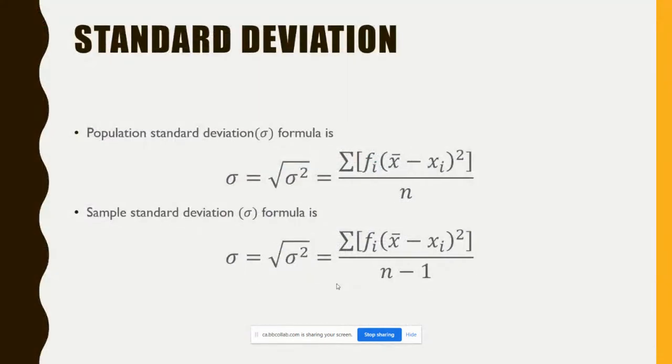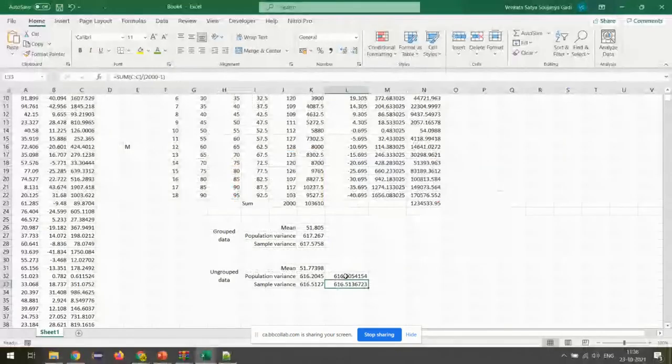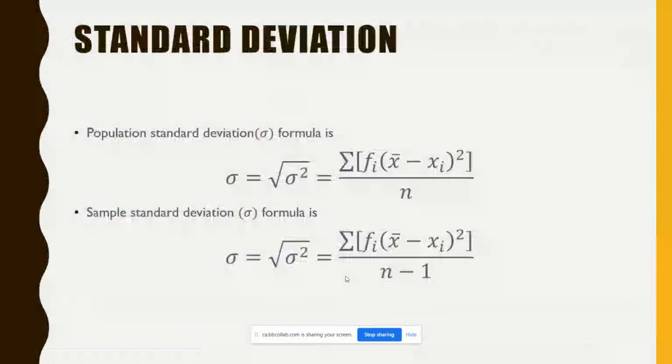Now let us see how do we calculate the standard deviation. So how do we calculate standard deviation? If you see, the calculations are the same. What is the difference between variance and standard deviation is we have to apply the root. So we are calculating sigma square. What we need is sigma.